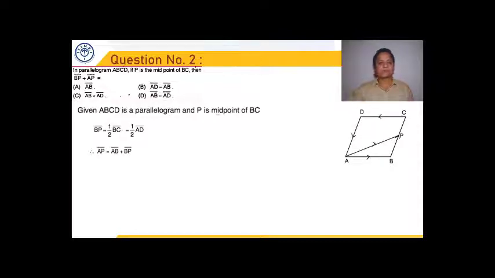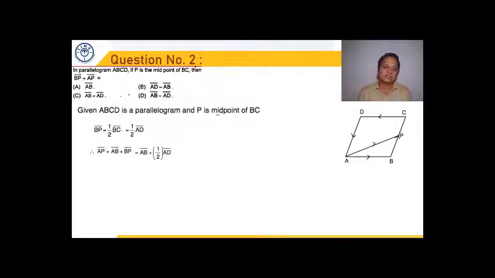By parallelogram law of addition, we can say AP is equal to AB plus BP. We are using a vector AB plus BP is equal to AP vector. Now BP can be replaced by AD by 2.